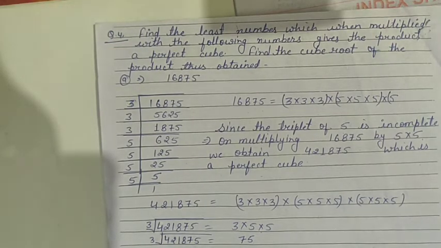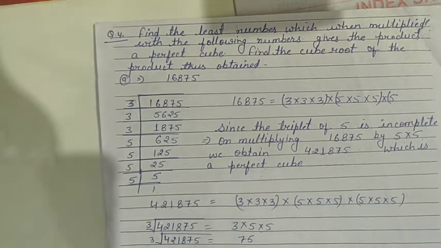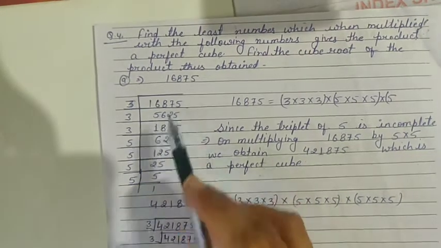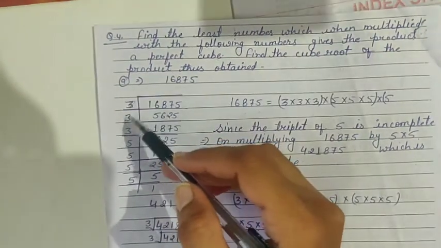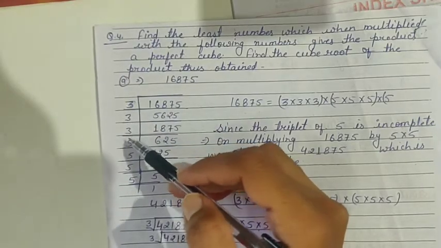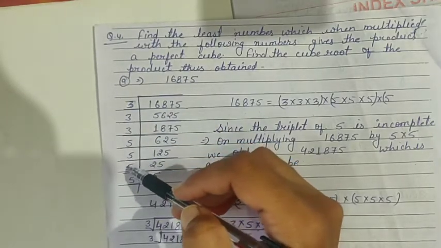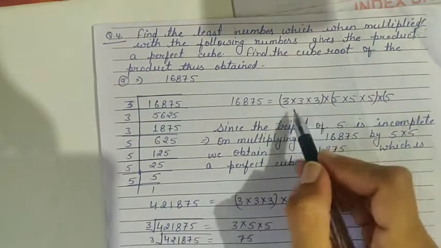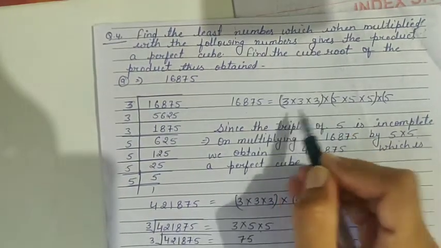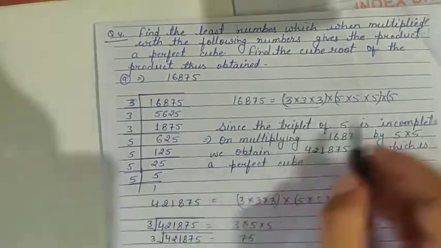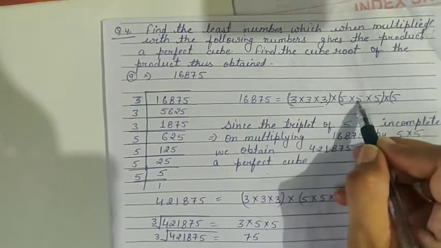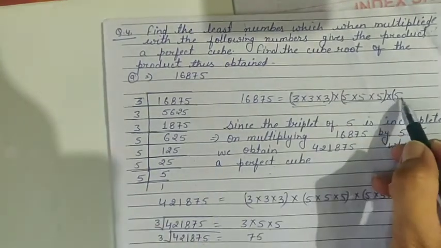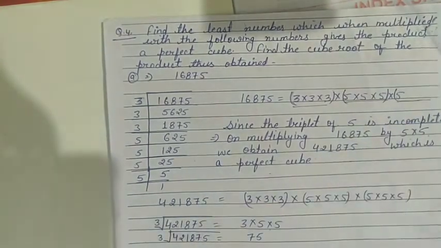Firstly, we will find the prime factors of 16,875, and the prime factors of this number are 3 into 3 into 3 into 5 into 5 into 5 into 5. Now we will make triplets, groups of 3 same numbers. One group is 3 into 3 into 3, and another group is 5 into 5 into 5, and this triplet is incomplete.